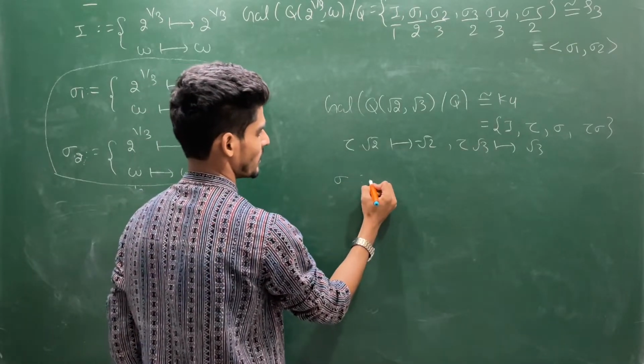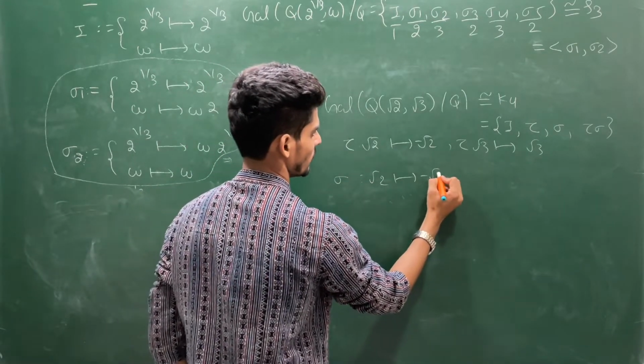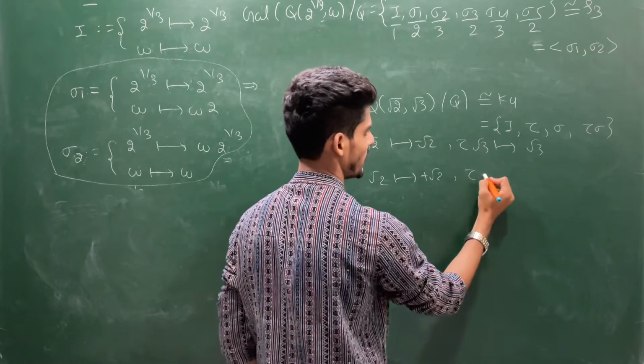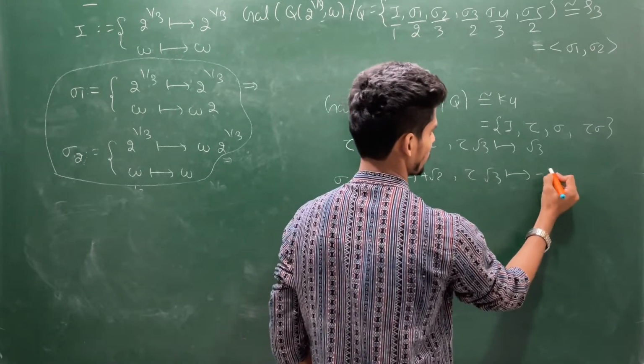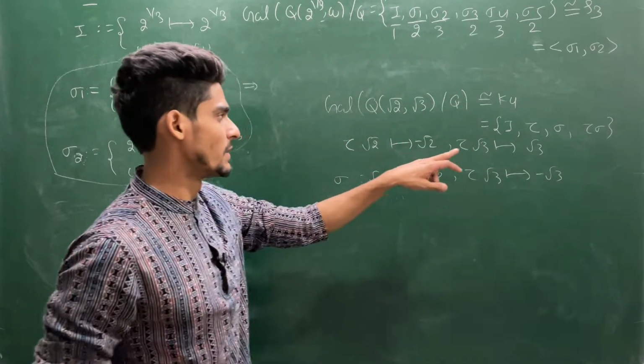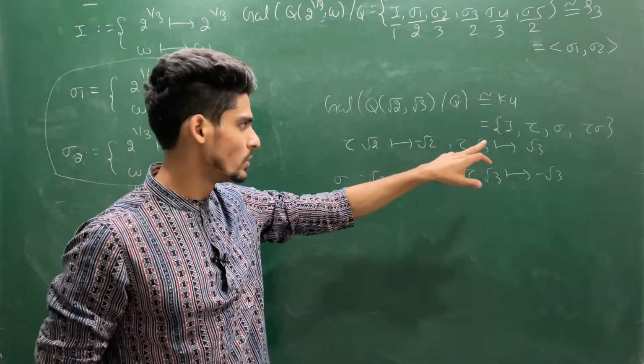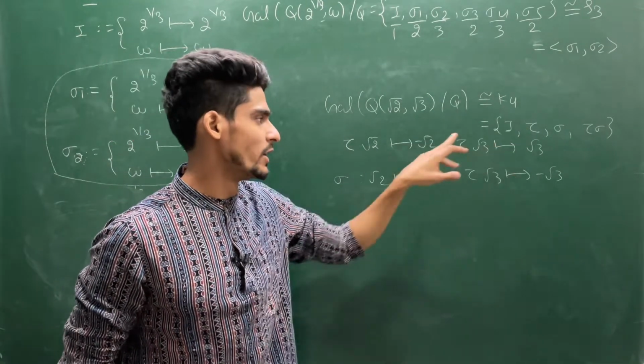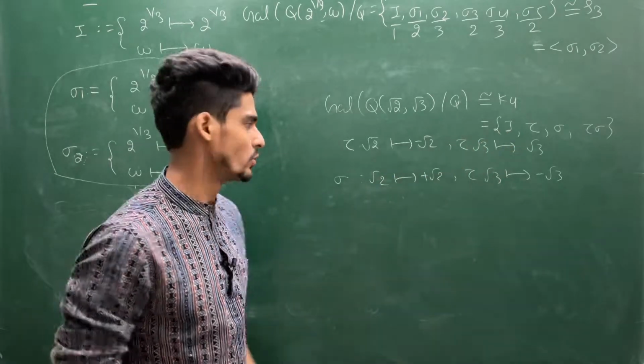Say sigma sends root 2 to plus root 2 and tau sends root 3 to minus root 3. Then tau sigma sends root 2 to minus root 2 and root 3 to minus root 3.